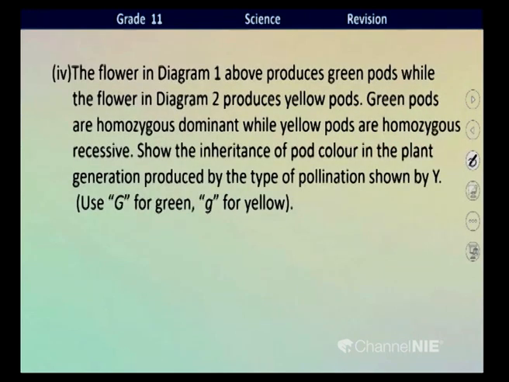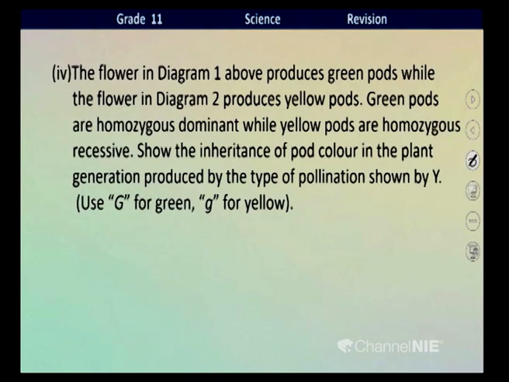The flower in diagram 1 above produces green pods, while the flower in diagram 2 produces yellow pods. Green pods are homozygous dominant, while yellow pods are homozygous recessive. Show the inheritance of pod color in the plant generation.